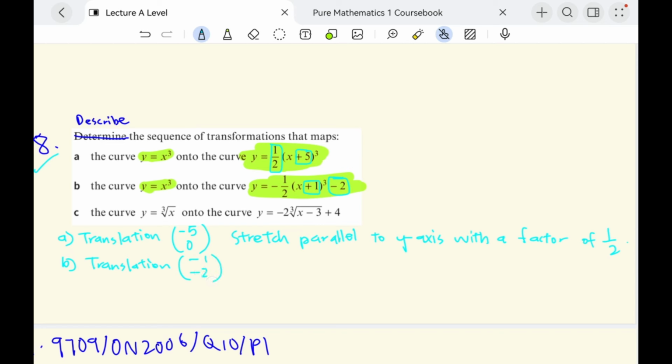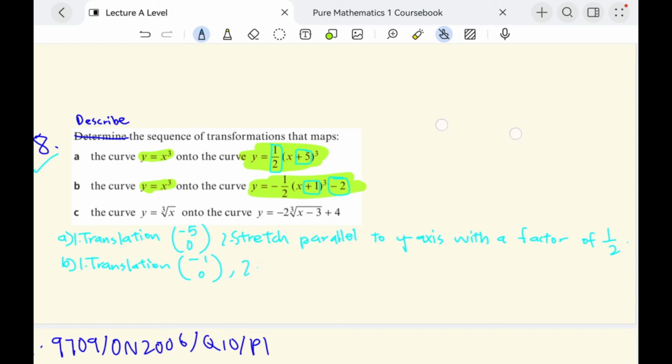So you have a translation of (negative 1, negative 2). Oh, you need to put 1 and 0 because you want to follow the order. Okay, translation (negative 1, 0) first. You transform this first.